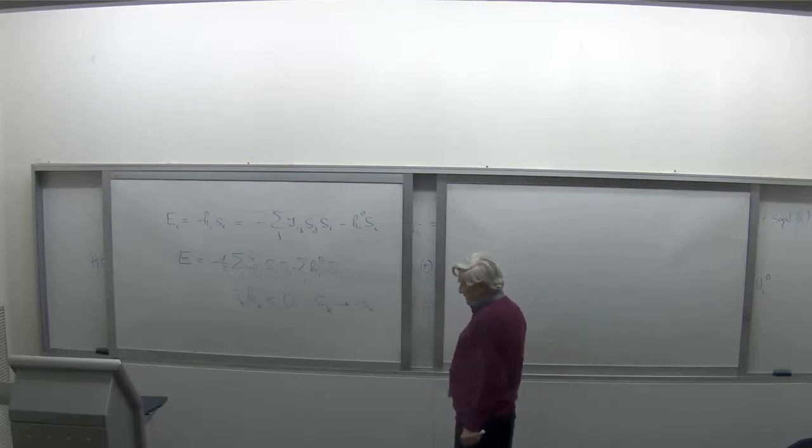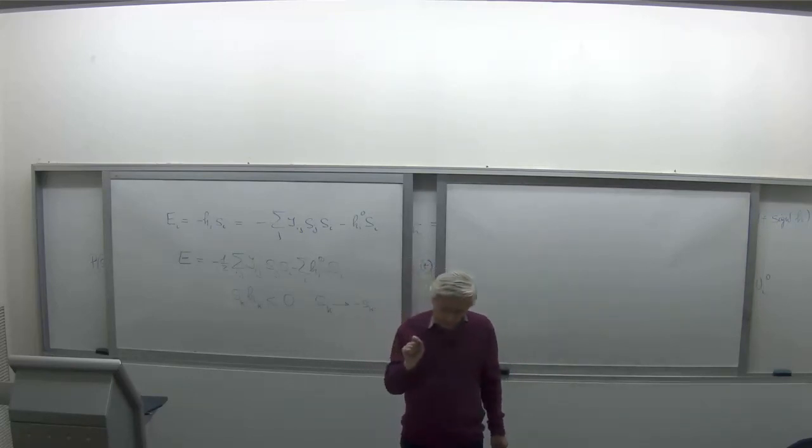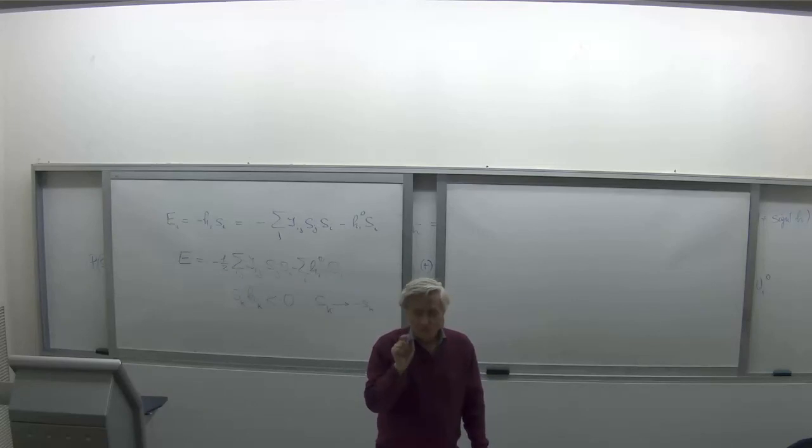So if we still stick to this time scale of discrete time intervals, then at a certain time t, the network is fully characterized by the state of all possible elements.